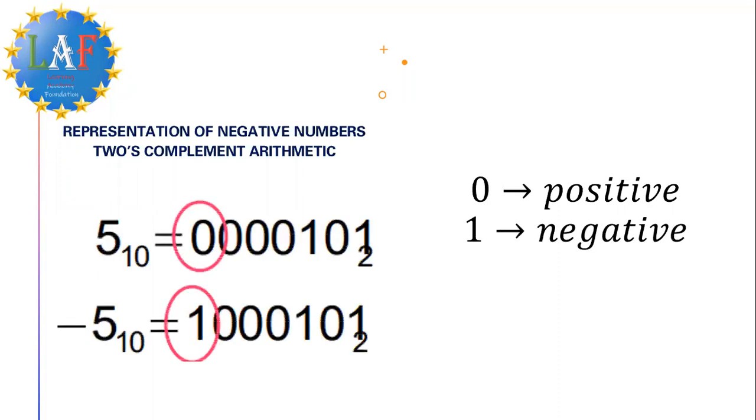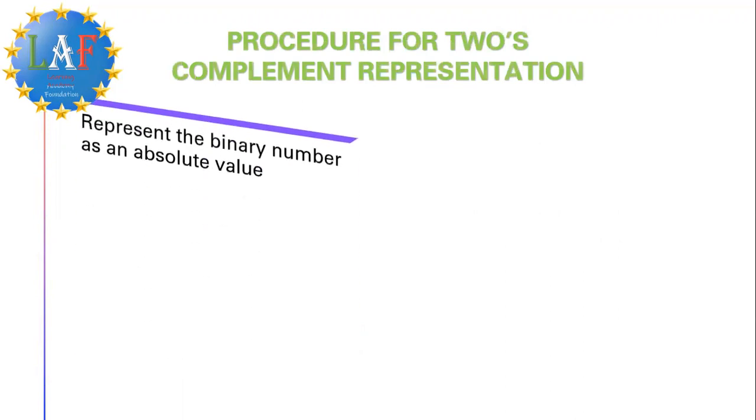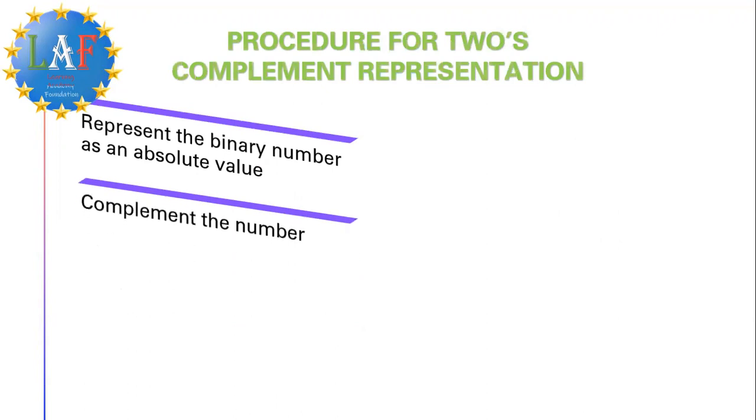In reality, we don't use this obvious notation, but switch to binary two's complement notation. This is the procedure for the two's complement representation. Represent the binary number as an absolute value.